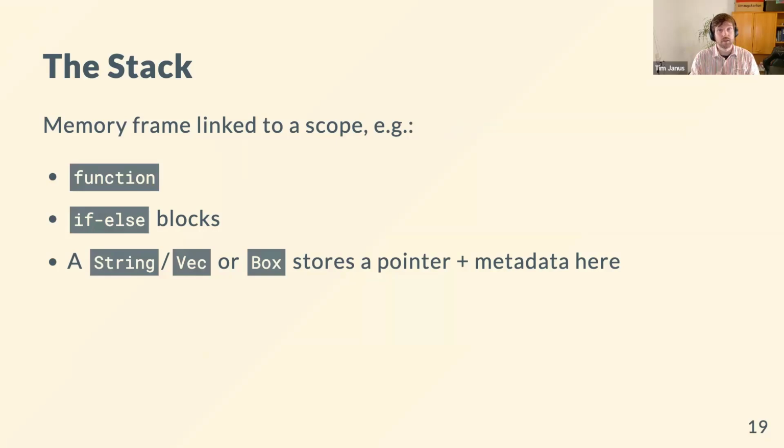And there are data types like string and vec that store a so-called pointer into another memory area and metadata on the stack. We will come back to that later on, but especially string and vec are the types you're mostly using.